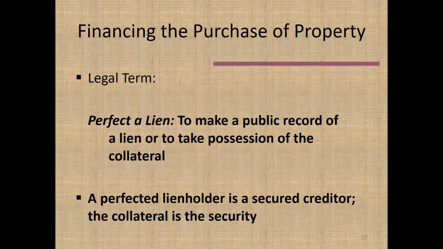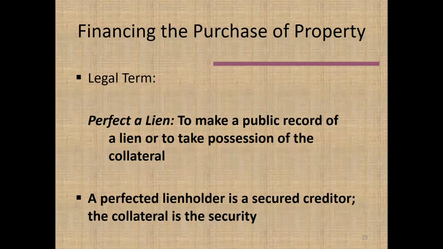So to perfect a lien is to get the lien into the condition it needs to be in so that it is in fact a lien. And how do you perfect a lien? We've got to make a public record of the lien. Or if you can't make it a public record, you have to take possession of the collateral, which usually isn't really what you want to do because, going back to the example of the tables, if the bank has the tables, I can't run my restaurant.